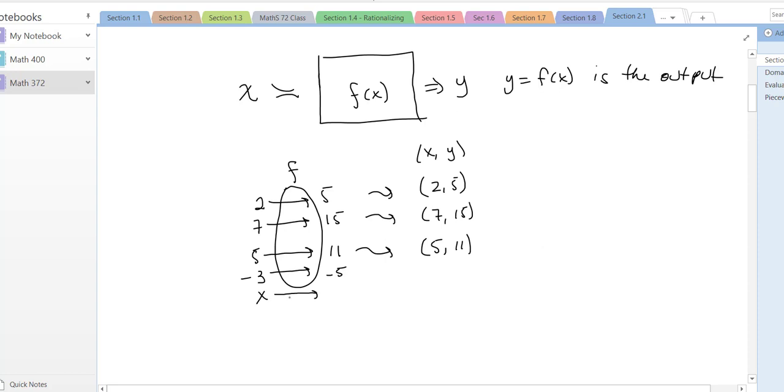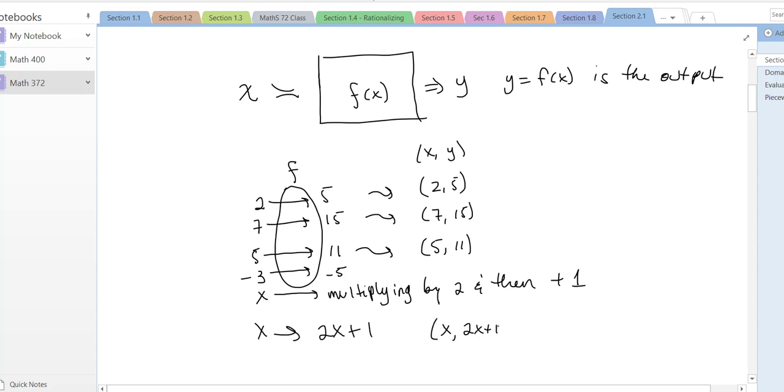So it looks like what this function machine is doing is multiplying by 2 and then adding 1. So when x goes in, what comes out is 2x plus 1. So as a coordinate point, this will be (x, 2x plus 1).